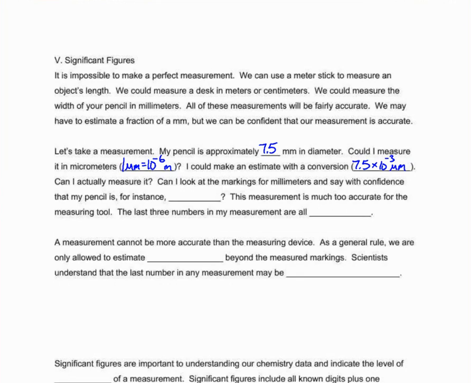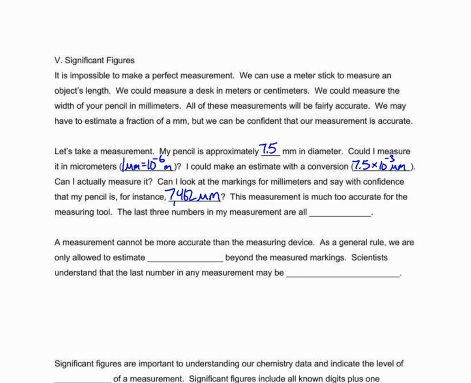but could I actually measure it? Can I look at the markings for millimeters, of which there's 1,000 on my meter stick, and accurately determine with confidence that my pencil is, let's say, 7,462 micrometers?